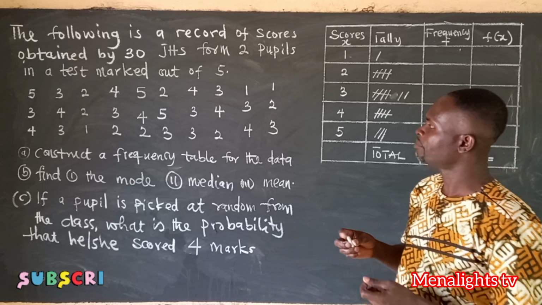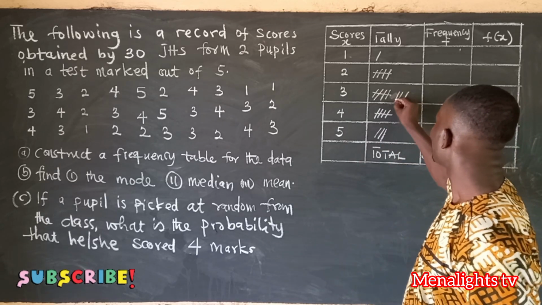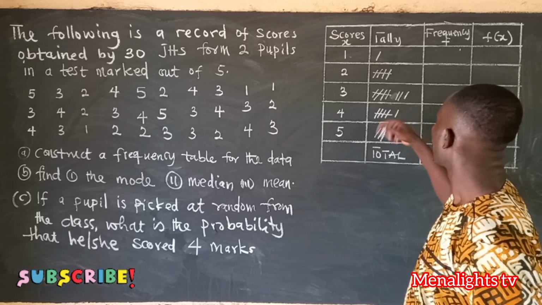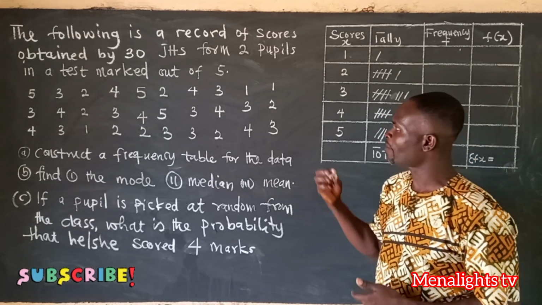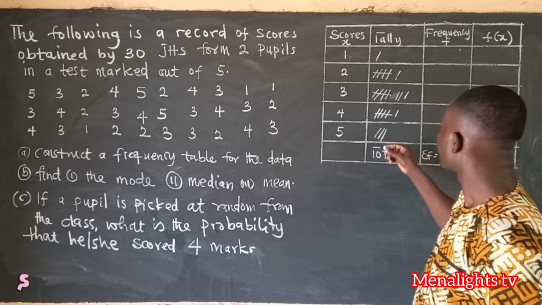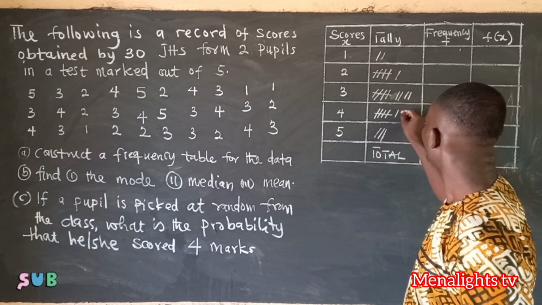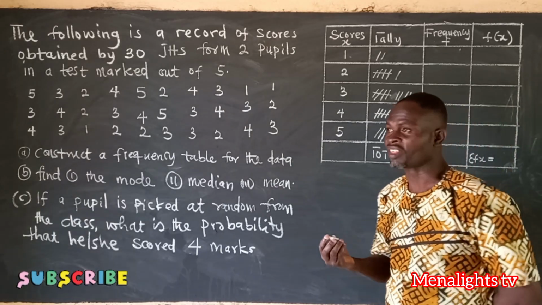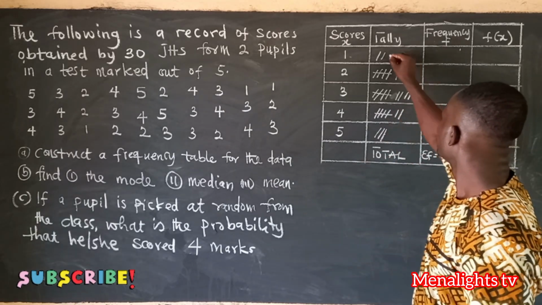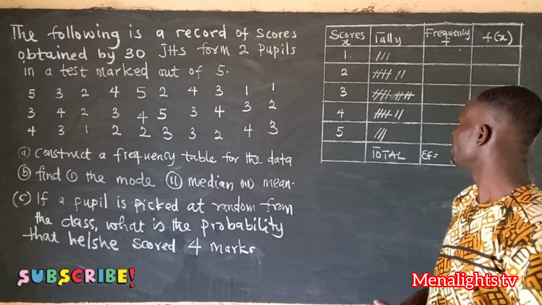Then we have 3, 4, 2. Then after that we have 1, 3, 4. After the 1, 3, 4, you have 1, 2, and 3.